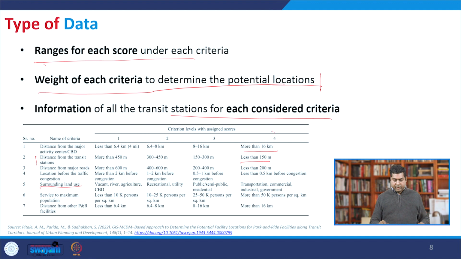So that is getting the maximum value. Similarly, for distance from major road, we also have a similar classification and value, and then we also take the service to maximum population, where less than 10,000 person or more than, say, 50,000 person per square kilometer. So we are taking the density as a measurement and we give a certain score.